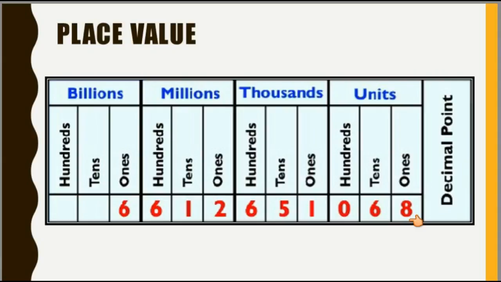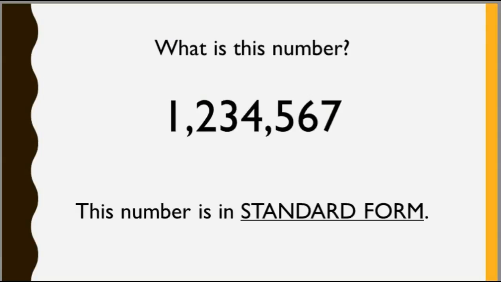Okay, so in 4th grade, you're going to be looking at numbers in different forms. So here's a new number. What is this number? I want you to pause this recording and try to read this number to your learning coach. Go ahead and pause and then press play when you're ready.